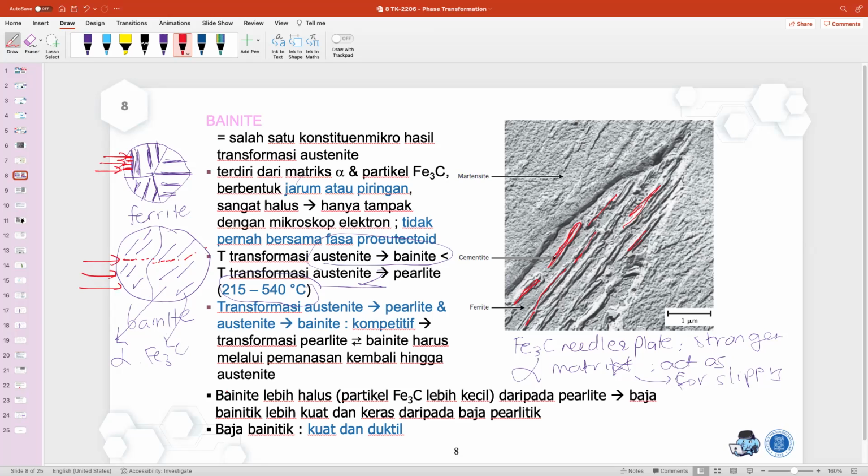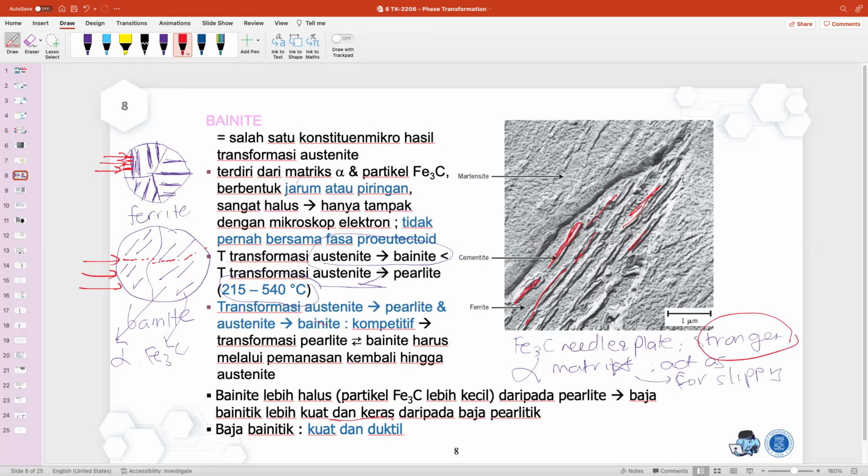Okay, so the bainite forms competitively with pearlite from austenite. Transformasi austenite ke perlite sama dengan austenite to bainite, and if we want to go from bainite to pearlite, we have to heat it up again to austenite, because austenite is not stable. Because bainite has fine Fe3C particles, it is going to be stronger, akan lebih kuat.